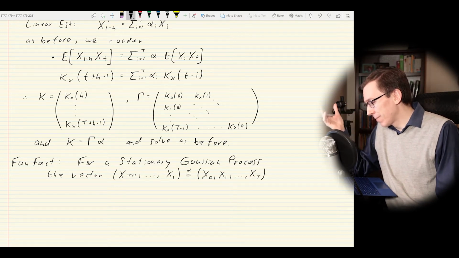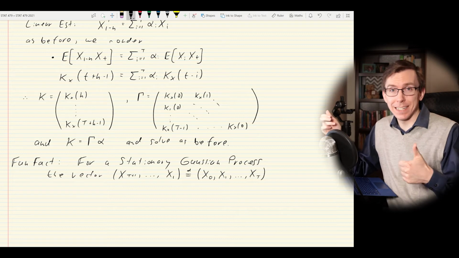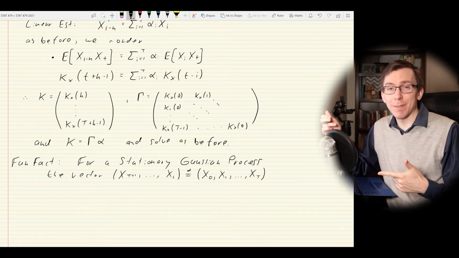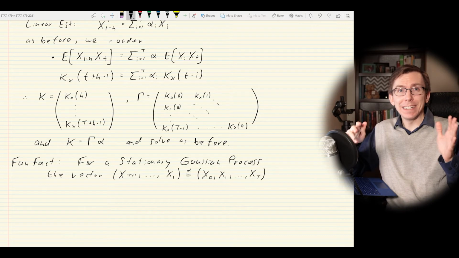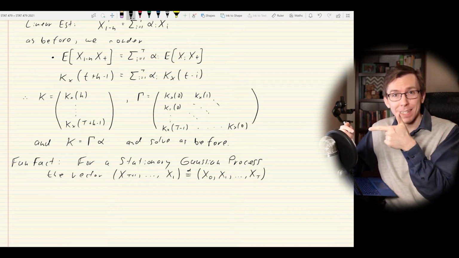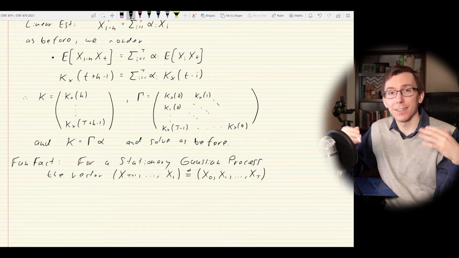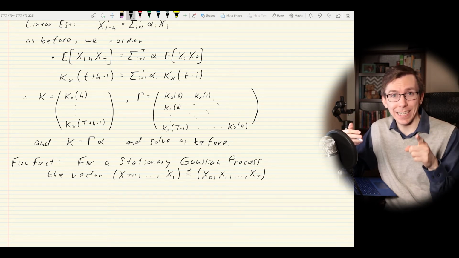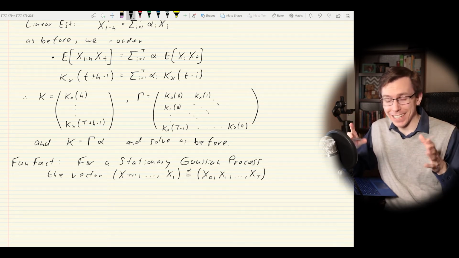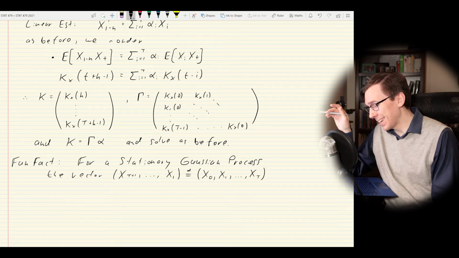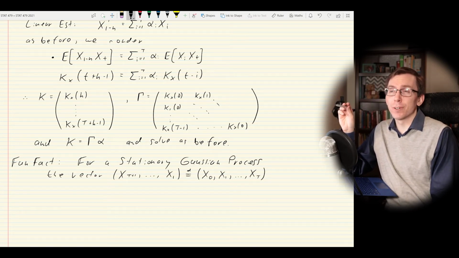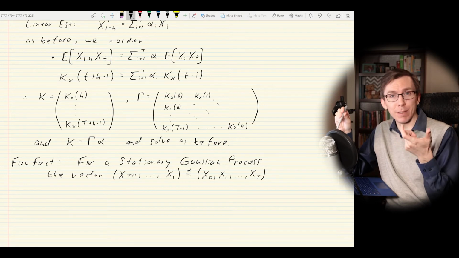And the nice thing about the Gaussian process is if the mean is the same, if the autocovariance is the same, the process is exactly the same, which means that if I run it forward in time, or if I run it backward in time, it's going to look exactly the same. That's a stationary Gaussian process, just to be precise, because if it's not stationary, then you're going to run into trouble because the autocovariance may not be symmetric in that way. But if the autocovariance is symmetric like it is for a stationary process, you can flip it around.